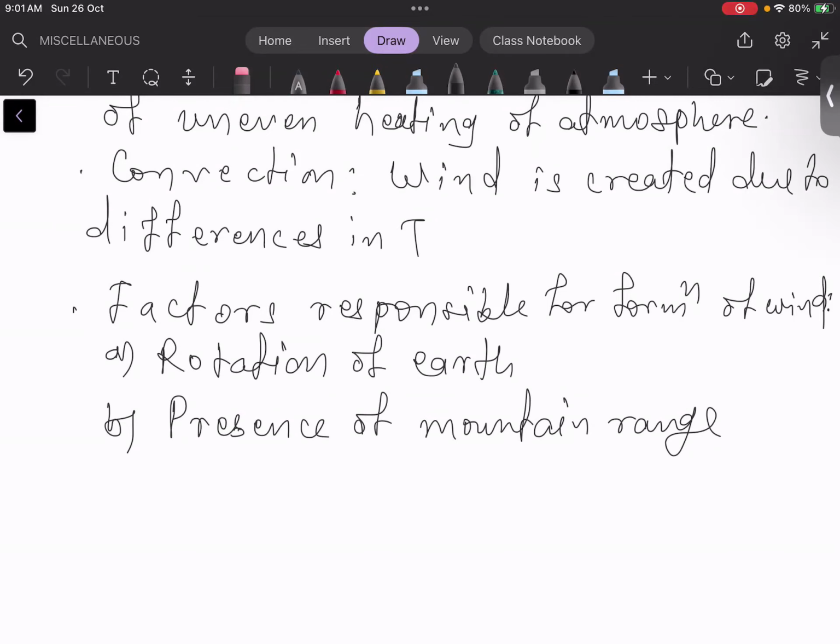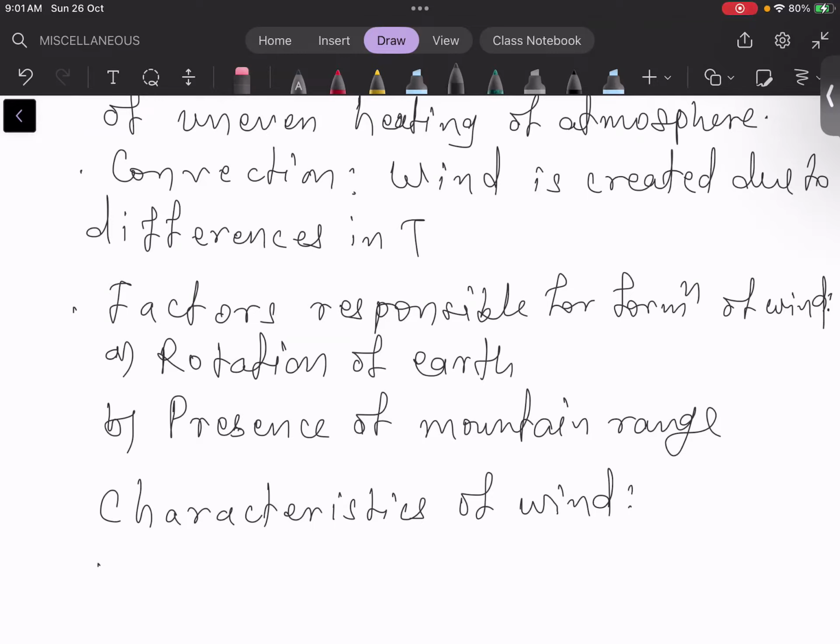Then, what are the characteristics of wind? First, wind blows from a high pressure area to a low pressure area.